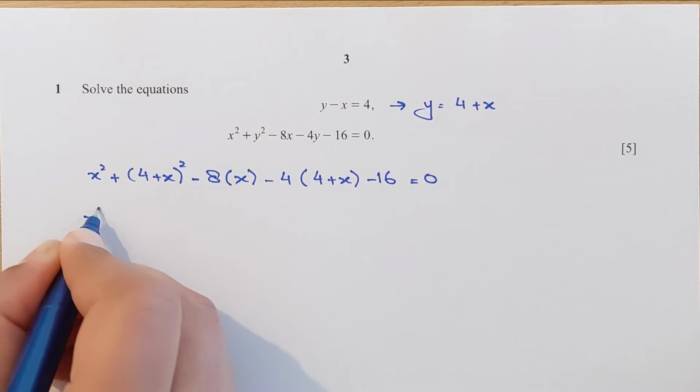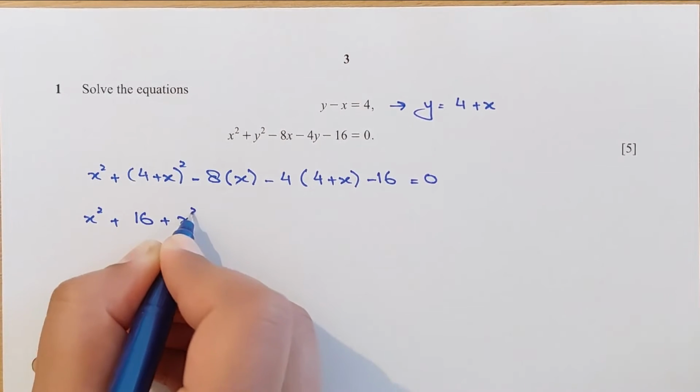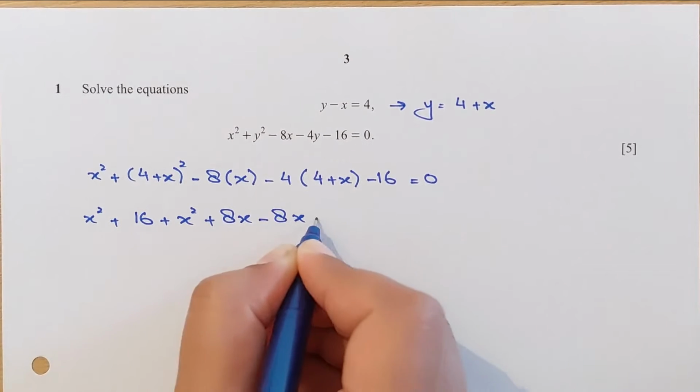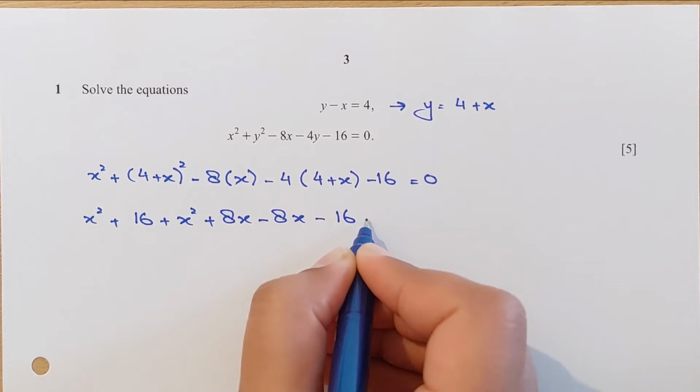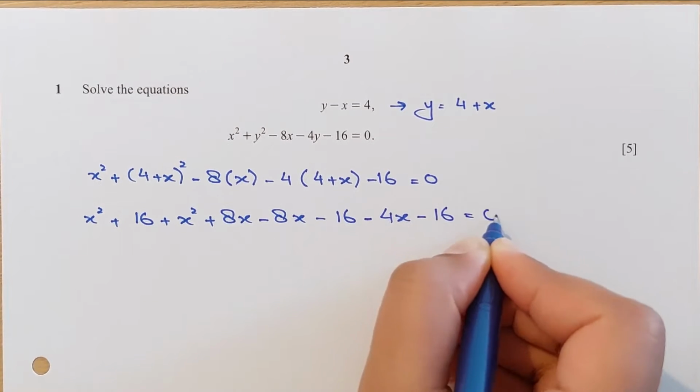So this is x square, open the square: 4 square is 16, x square is x square, and 2 times 4 is 8x, minus 8x, minus 16, and minus 4x, and minus 16 equals to 0.